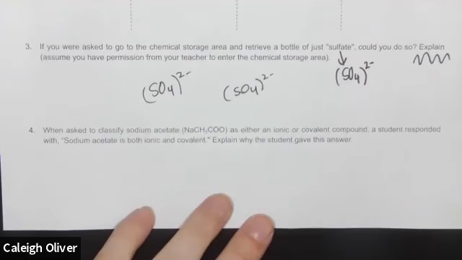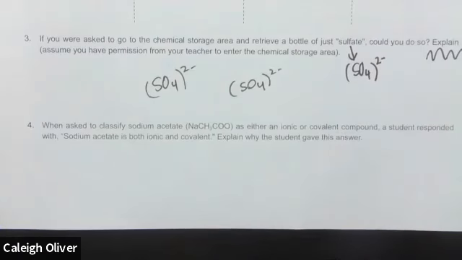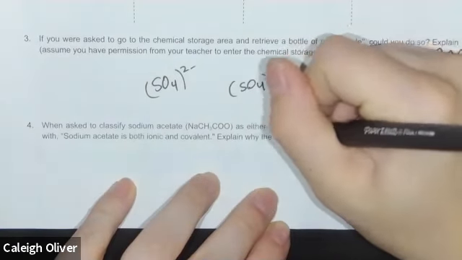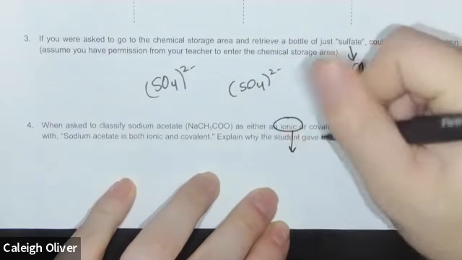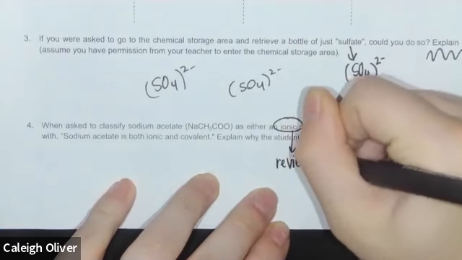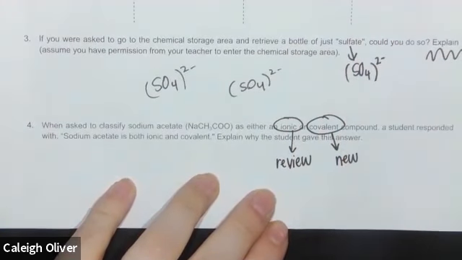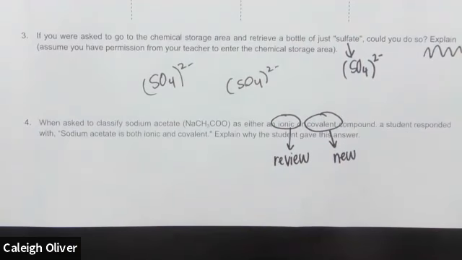When asked to classify sodium acetate as either an ionic or covalent compound, you haven't learned this one yet. This is the one that we've been working on, and this is what we're going to do next time. The student responded that sodium acetate was both. Explain why the student gave that answer.